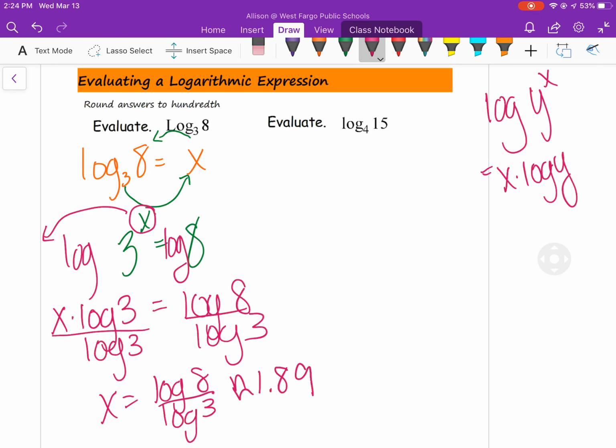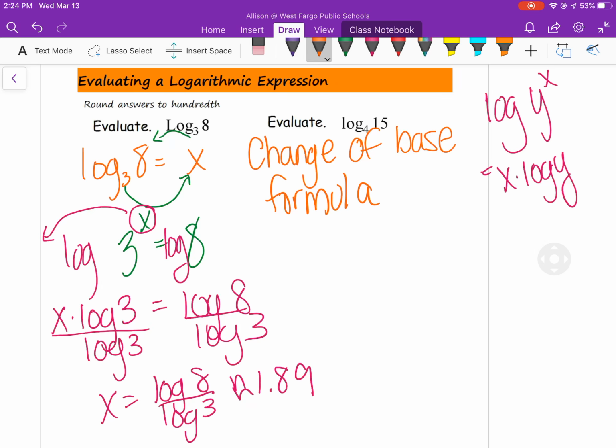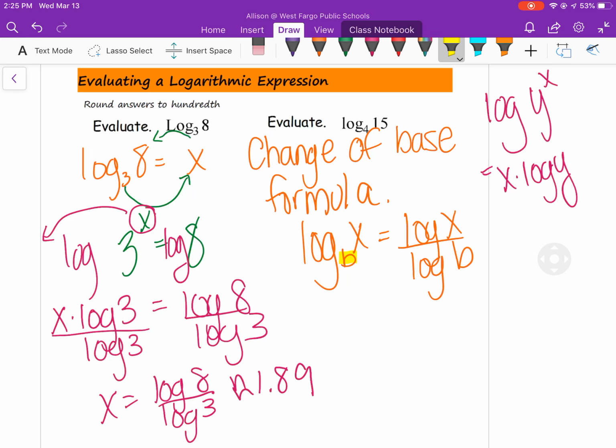There is something called the change of base formula, and it works really nicely if you can remember the formula. So if you have log base b of x, then the change of base says that that's the same thing as the log of x over the log of b. So you go from a log base b and you change it to common log, just log of x over log of b.